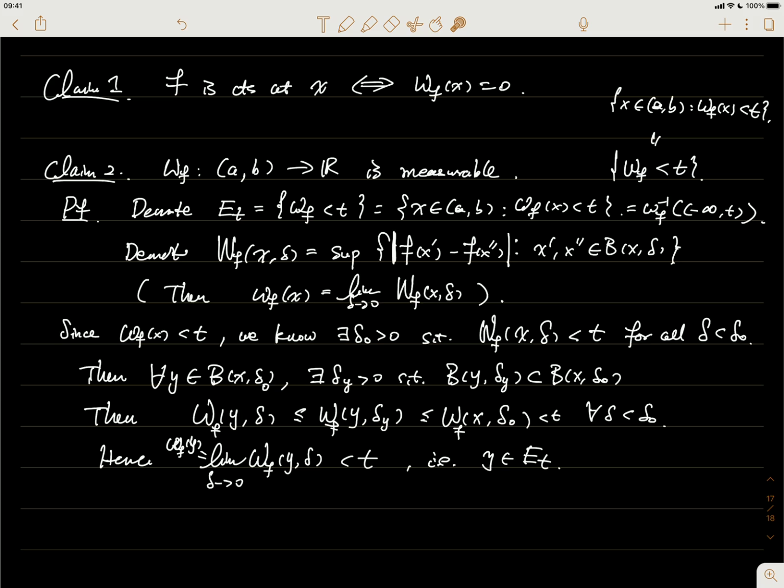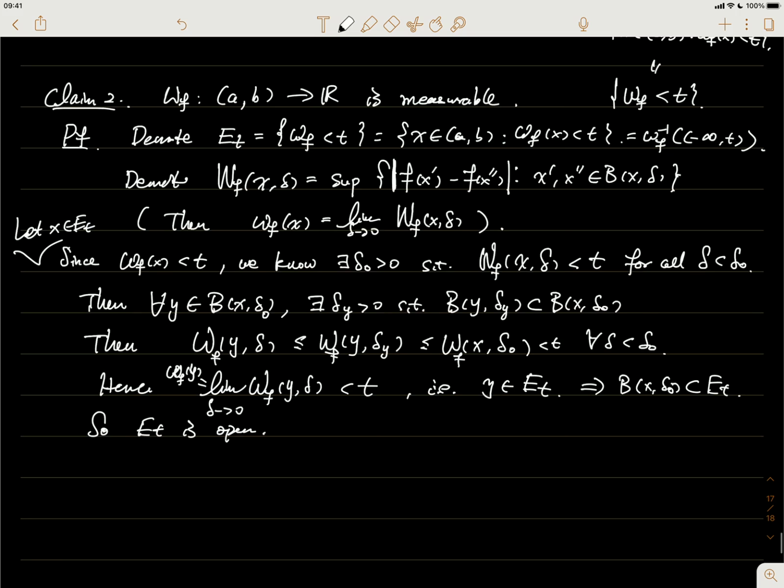I should say that for any x in E_t, this implies that B(x, delta 0) is completely in E_t. So E_t is open, and that also means E_t is measurable.